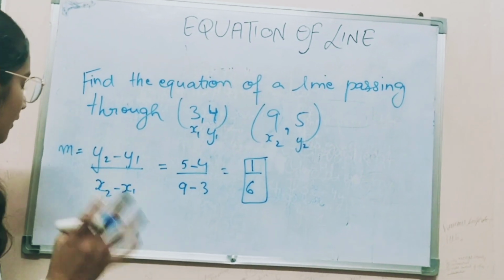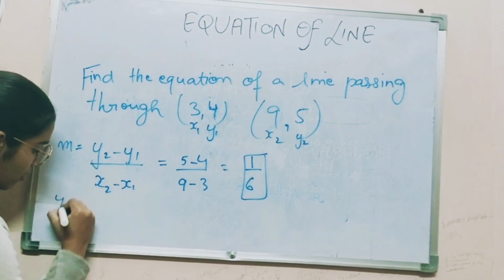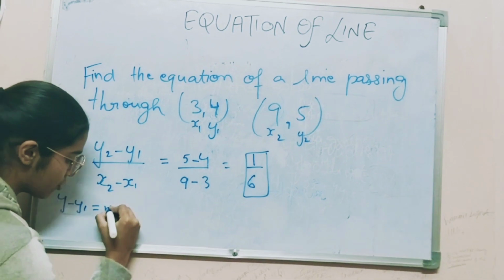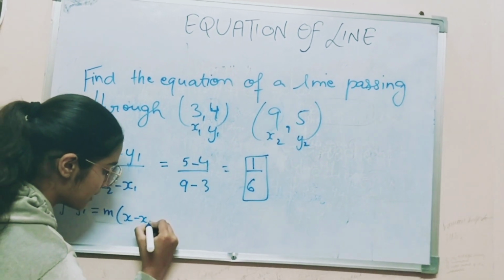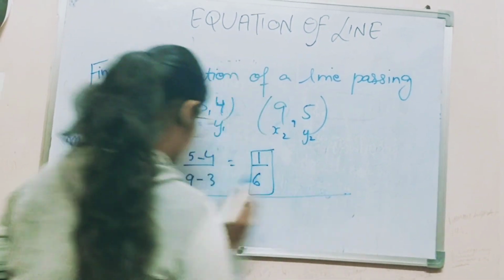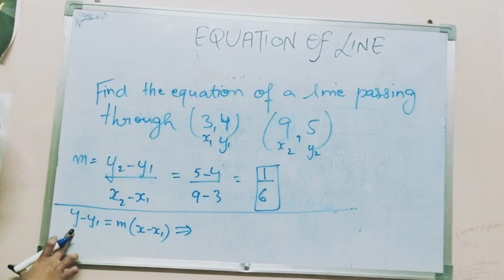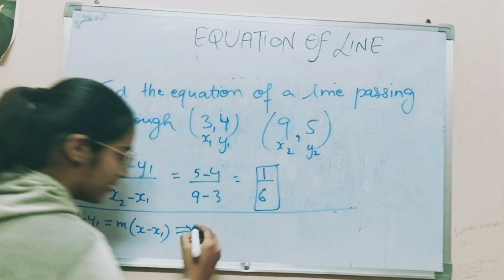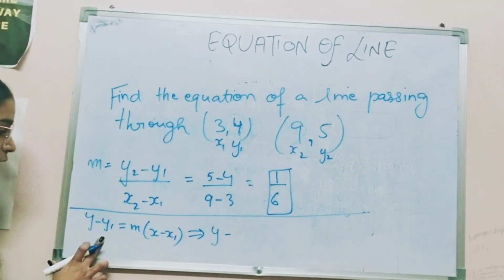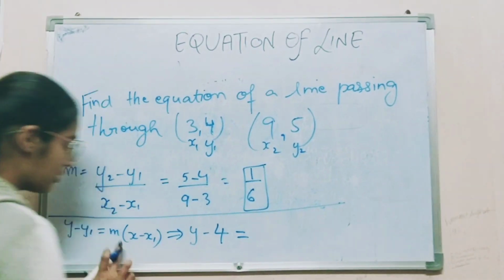1 by 6. Now we simply have to apply the formula for the equation of a line, which I told you is y minus y1 equals m times (x minus x1). Okay. So this is our equation. So y will be as it is, y minus y1, this is our y1, 4, equals slope.